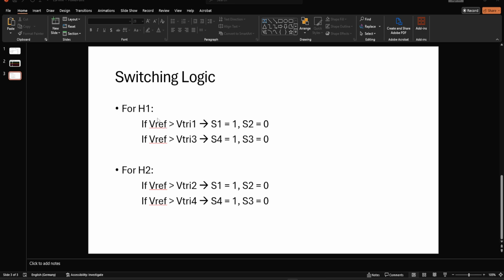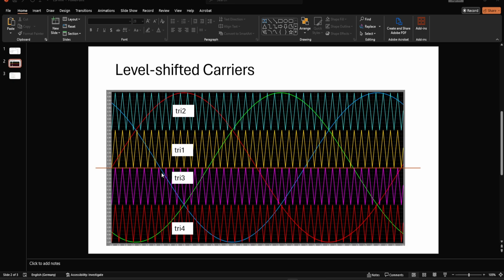If we compare the reference voltage with triangular waveform 1, then S1 is 1, S2 is 0. I apologize. So these two are complementary. And then in the second phase, we compare the reference wave to the third triangular wave. And in that case, if this is true, S3 is equal to 1 and S4 is equal to 0. So this is important at this point.